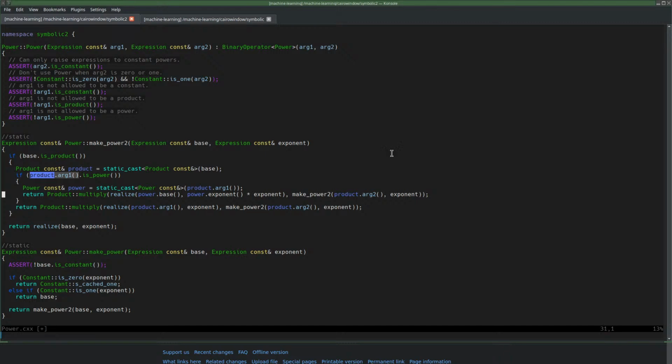Now I need the exponent to be a constant, otherwise it's too slow. If you want to multiply two constants, then you really want to take a shortcut. And exponents are always constants, so really why am I using an expression here?